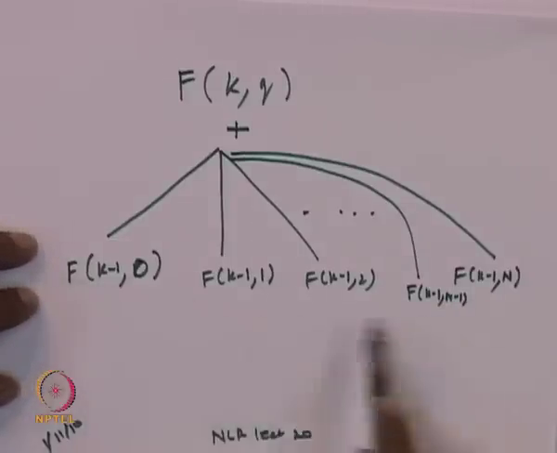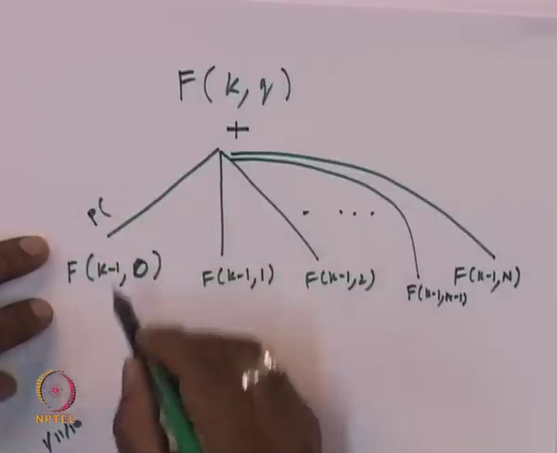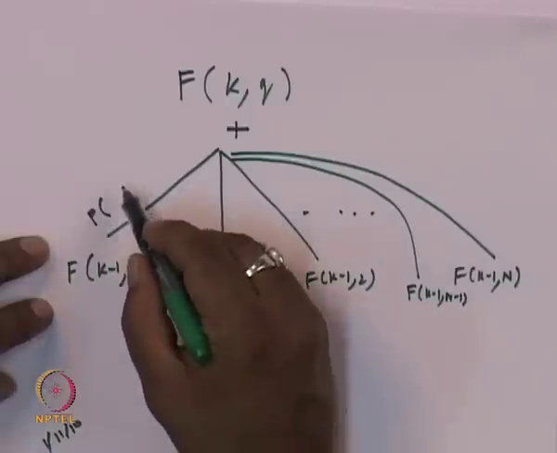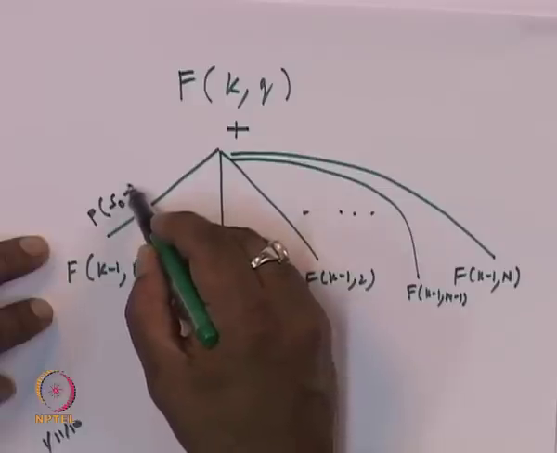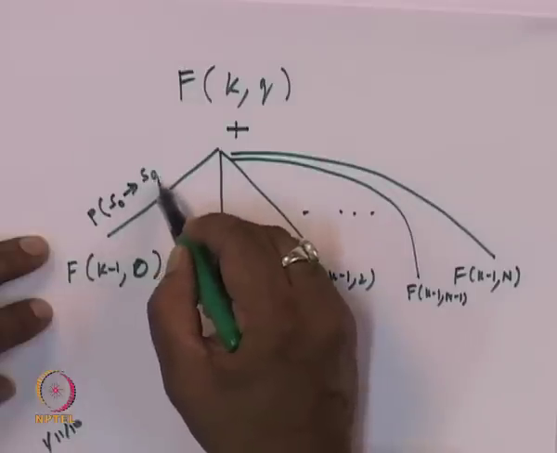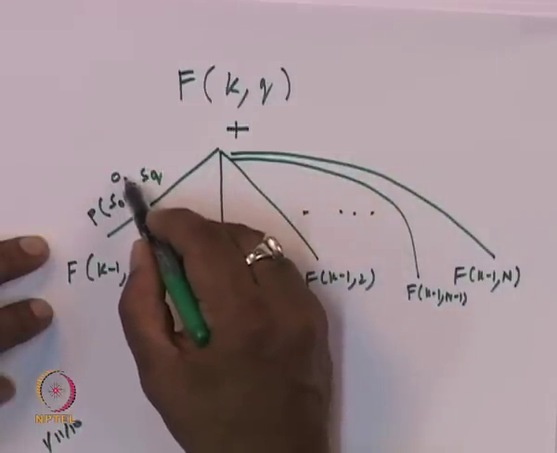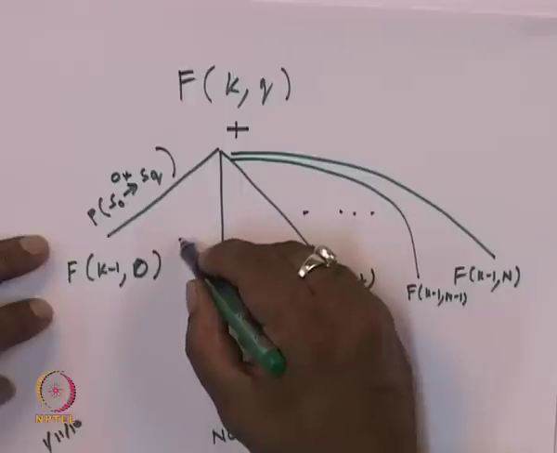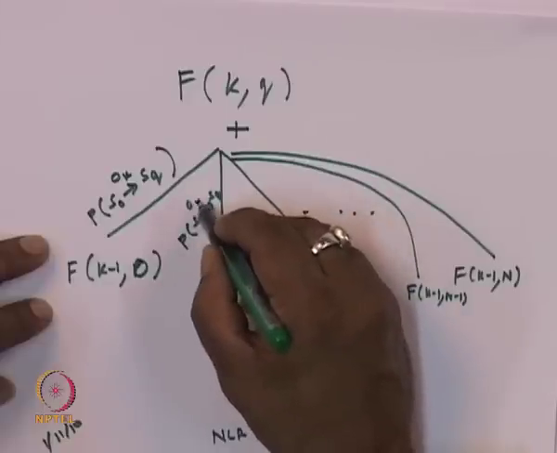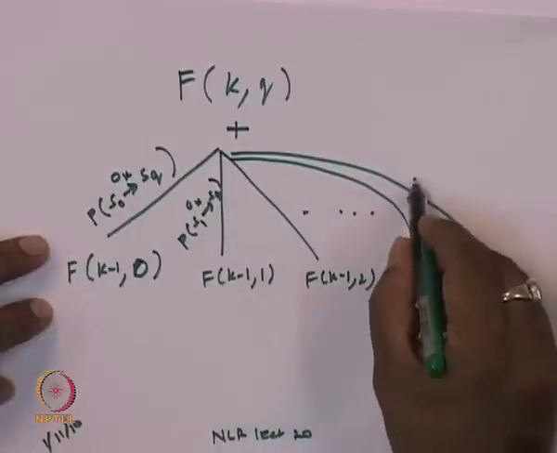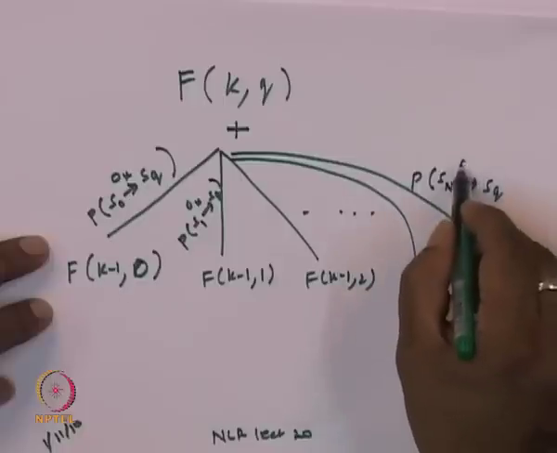We take these forward probabilities and multiply them by the corresponding transition probability values: this one would be S 0 to S q with output symbol being Ok, this probability here would be S 1 to S q with output symbol being Ok, and here this probability will be S n to S q with output symbol being Ok.